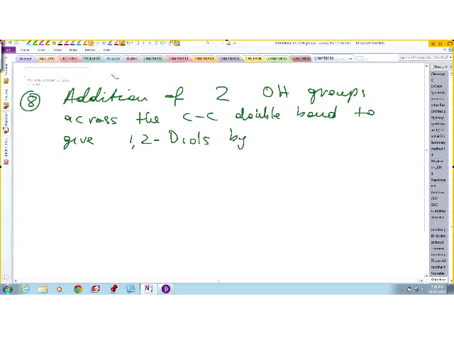Okay, one way we could do that: if I take an alkene and I take osmium tetroxide, this is a two-part reaction.